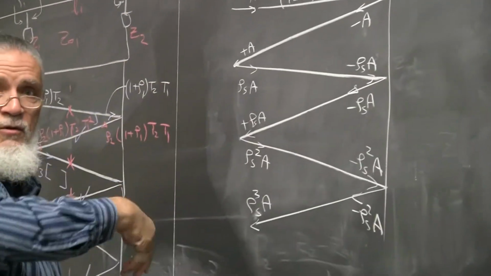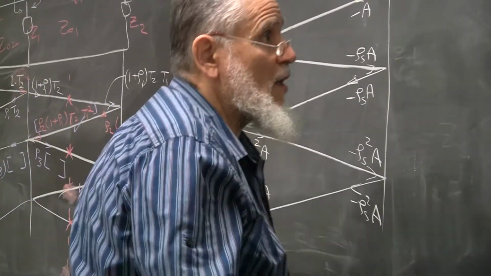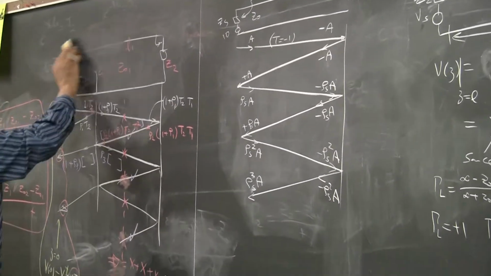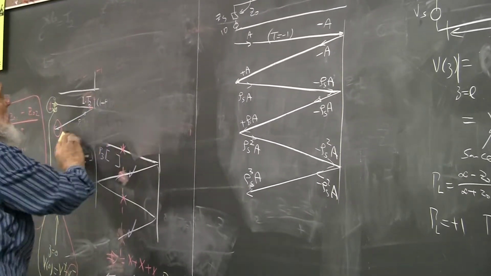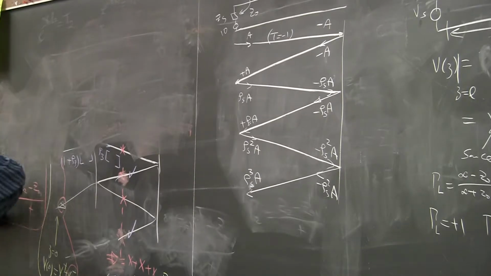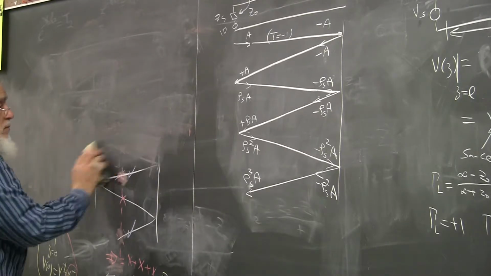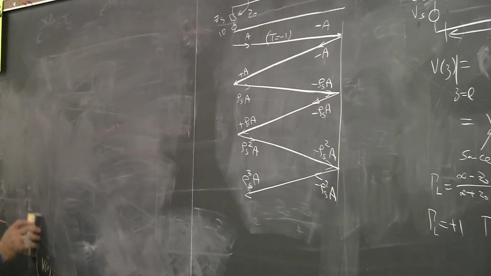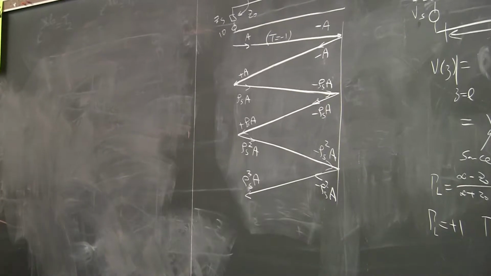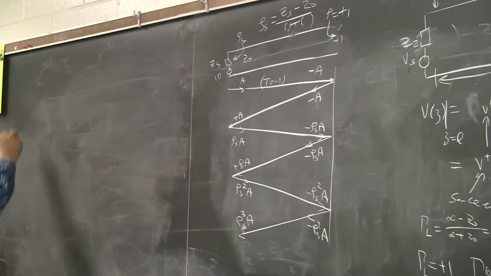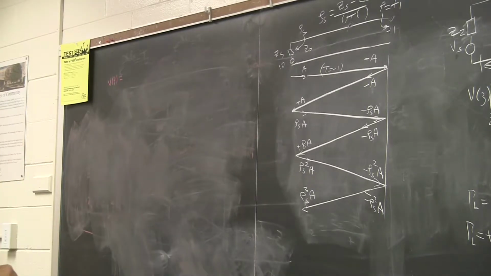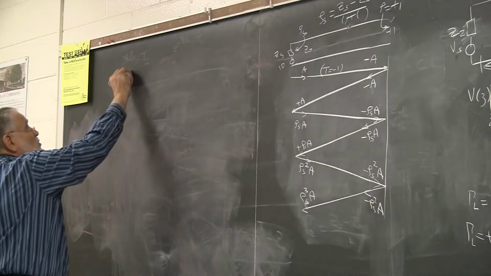So do you need VL? I can give you VL and V0, both of them. They can come out. Let me erase on this side. So V at L is simply equal to minus 2A.